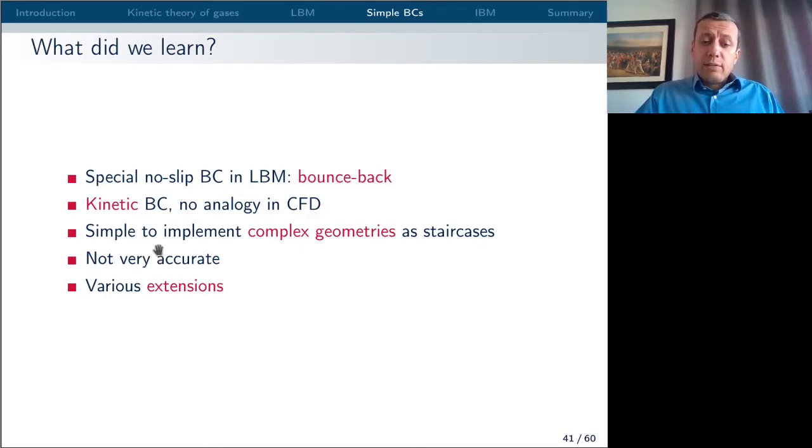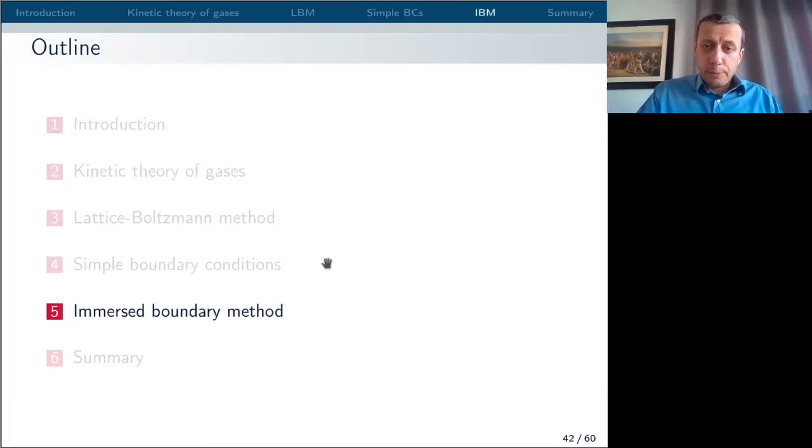It is simple to implement in complex geometries if you accept staircases as a modeling artifact, which is not very accurate, but you have various extensions of the bounce-back scheme where you use higher-order interpolations to get smoother flow fields at curved boundaries, but I will not cover that now.